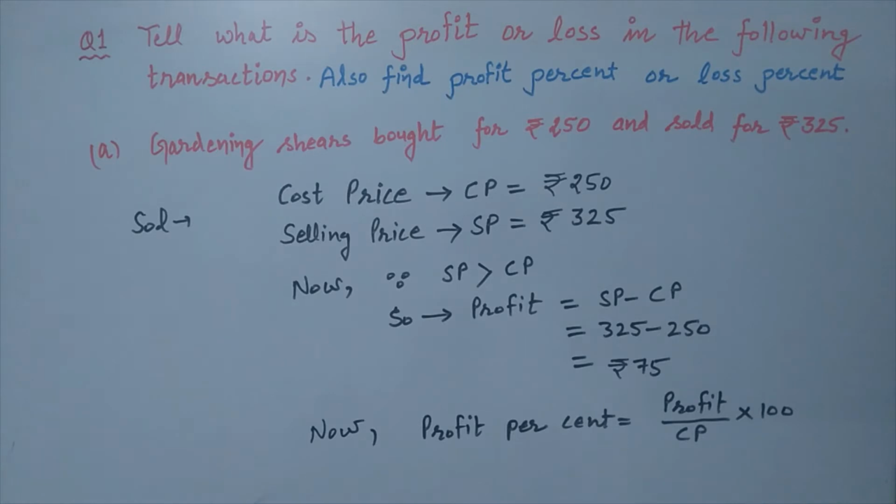This is the formula to find out the profit percent. So which is equal to 75 divide cost price is 250 percent into 100. We write here percent symbol also, right?